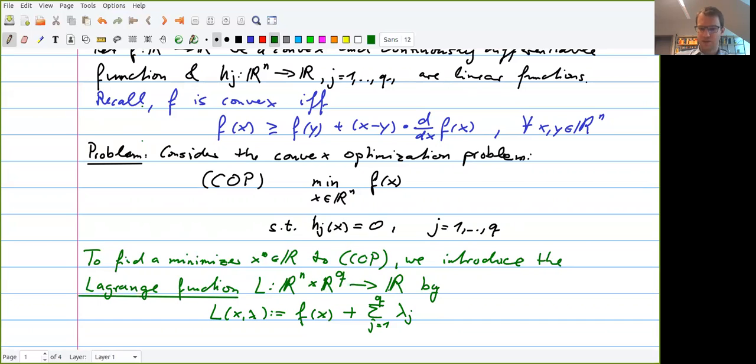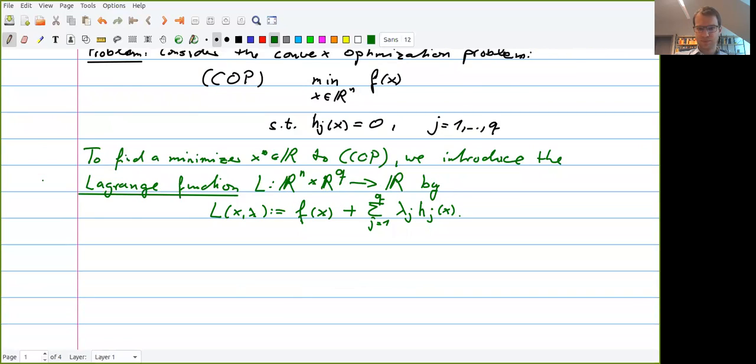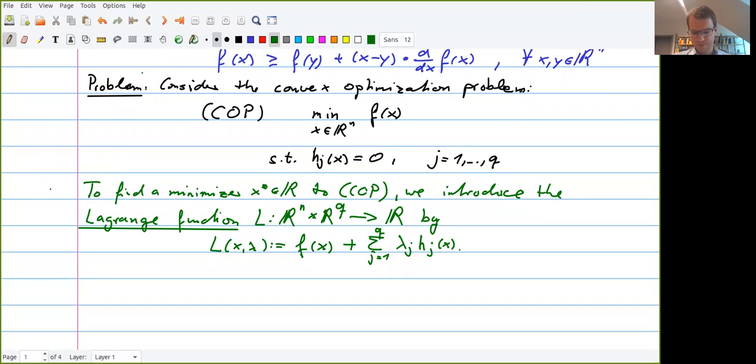This is a vector in R^q, as I have q linear constraints. Now, in order to solve this convex optimization problem, I just need to take the derivative of the Lagrange function, and keep in mind the linear constraints.